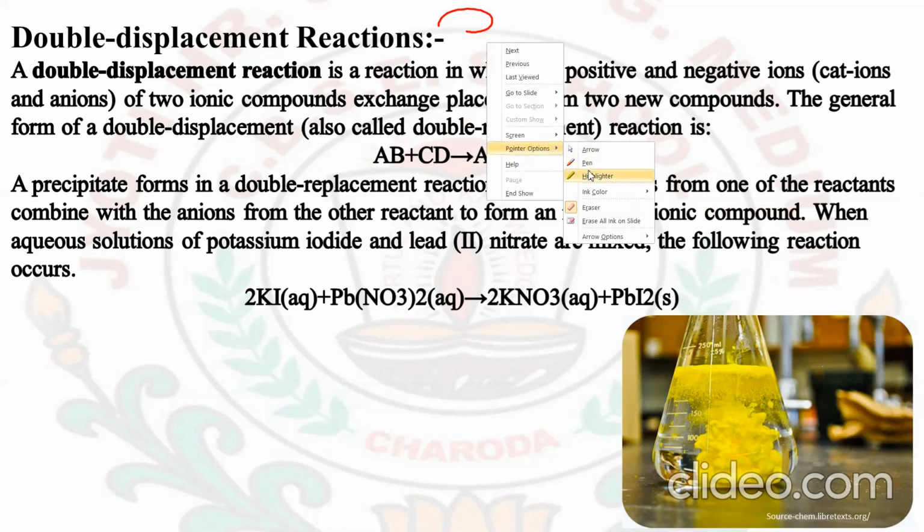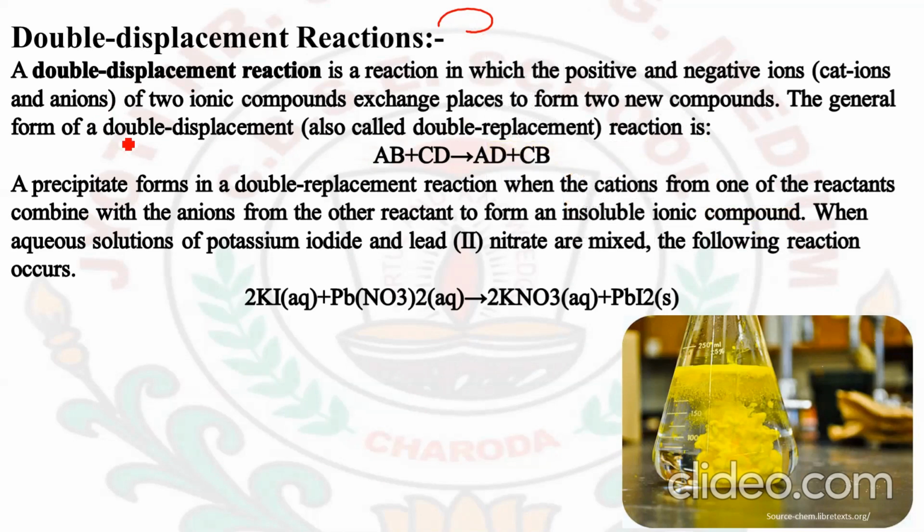So let's see what precipitation reactions are. As I have told you before, precipitation means when a solid substance after reaction starts to settle down in a solution, then that type of reaction is known as a precipitation reaction. Generally, double displacement reactions are all precipitation reactions only.